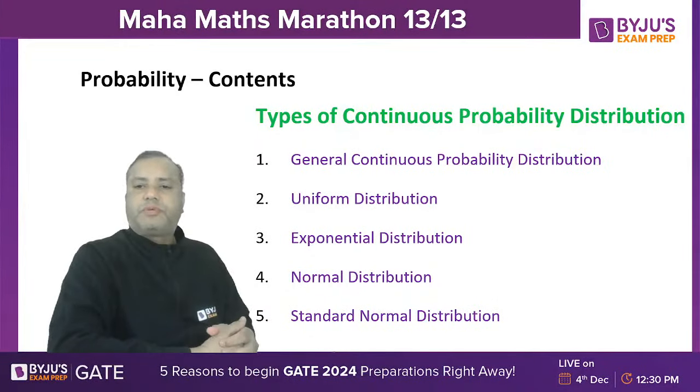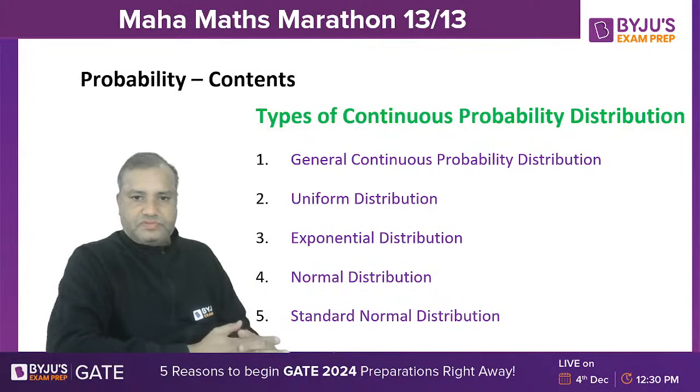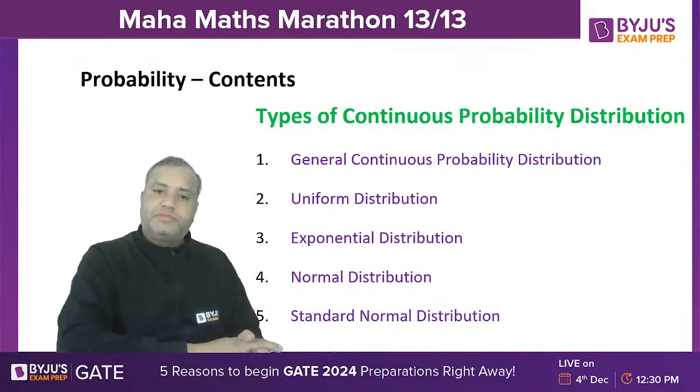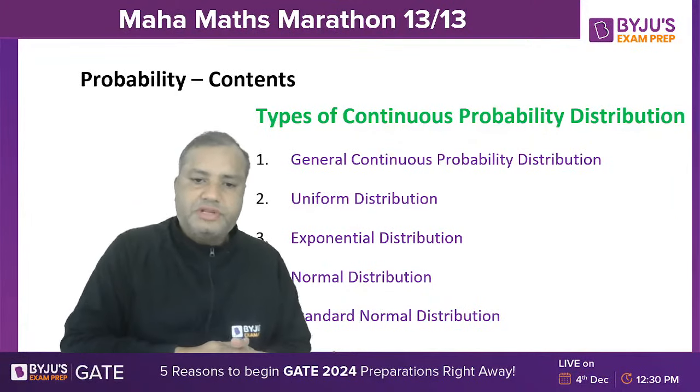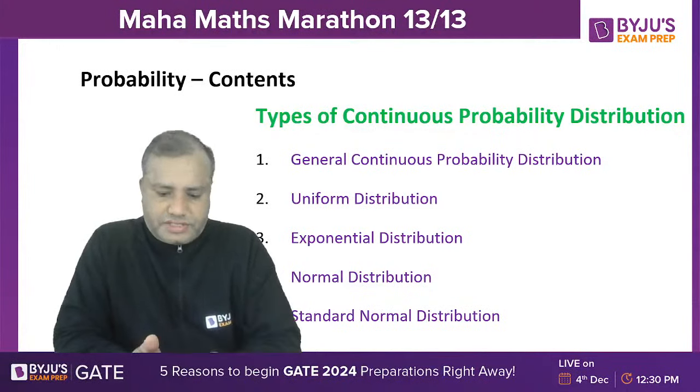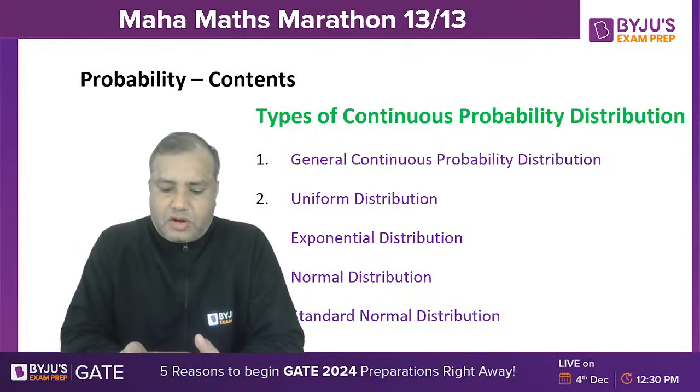Types of continuous probability distribution: general continuous probability distribution, uniform distribution, exponential distribution, normal distribution and standard normal distribution. So students, these particular topics are all relevant for you.